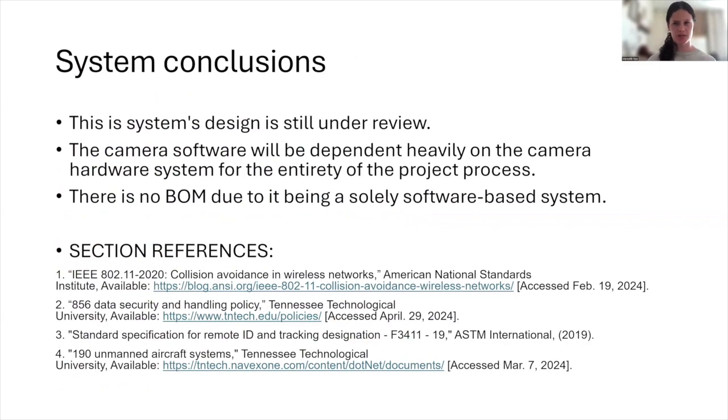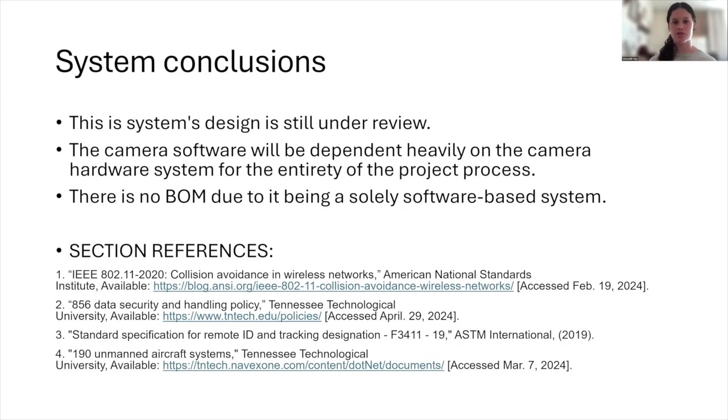Now, here are some system conclusions. First of all, this system's design is still under review. It has been reviewed multiple times, but it is still not perfect. As I mentioned in the flow chart, design changes are being made, but this is the overall scope from where I am now.